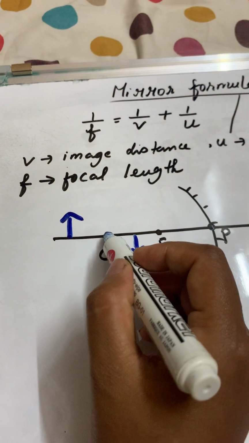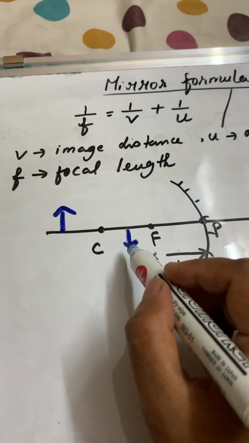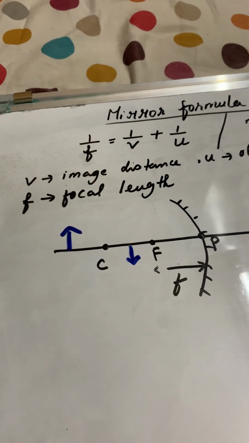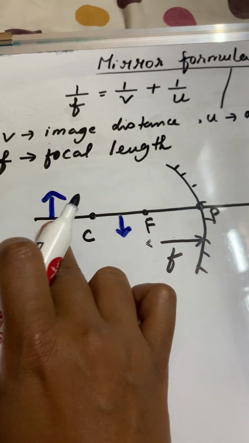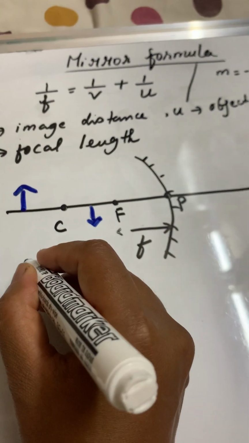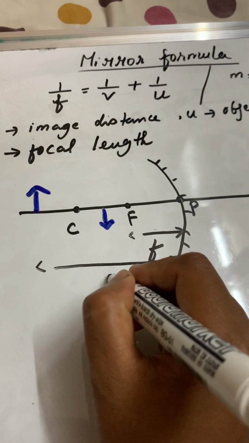So this is an object, and this is its image. The object distance from the pole is u.